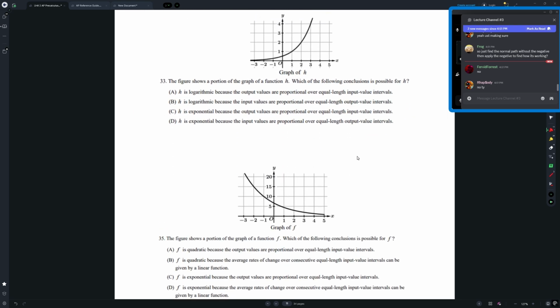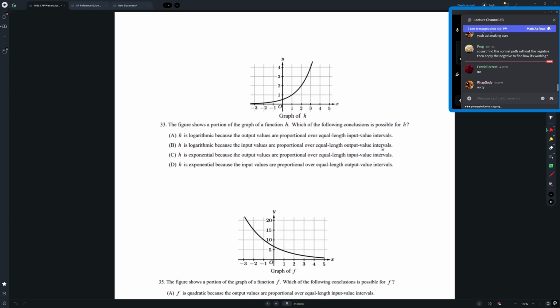Now do 33. I can't put both of them. So do 33. I'll give you 30-ish seconds. It's just about knowing if it approaches the asymptote or not. Sort of. Yeah, it's just to see where it's going: negative infinity, positive infinity, and so on.